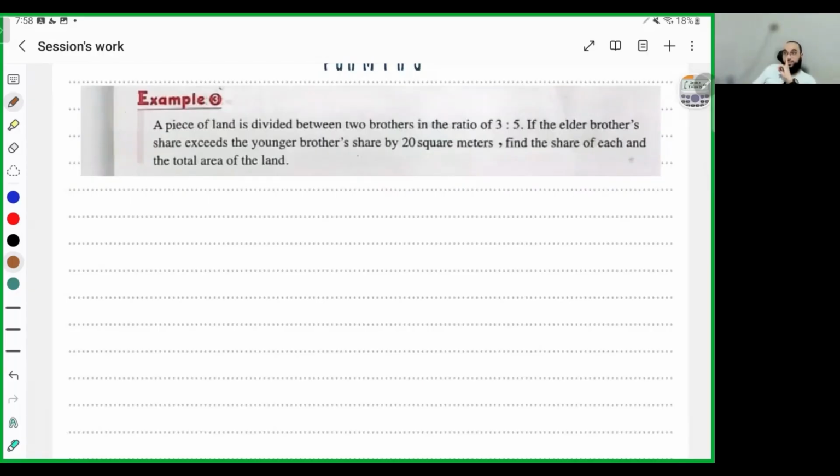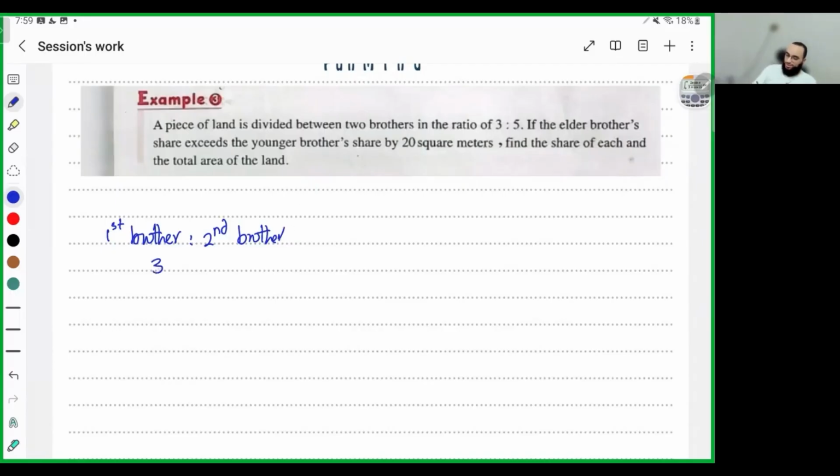There is a piece of land divided among what? Among two brothers. So the first thing that I have to write is the first brother, then the second brother. Okay, wait for me. Again, like Ahmed Shawqi, wait for me.